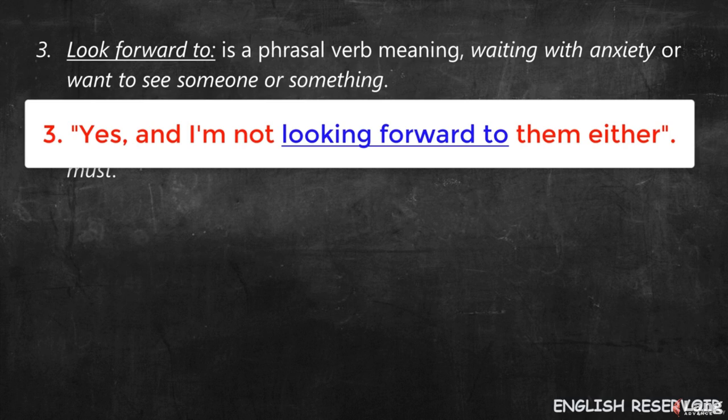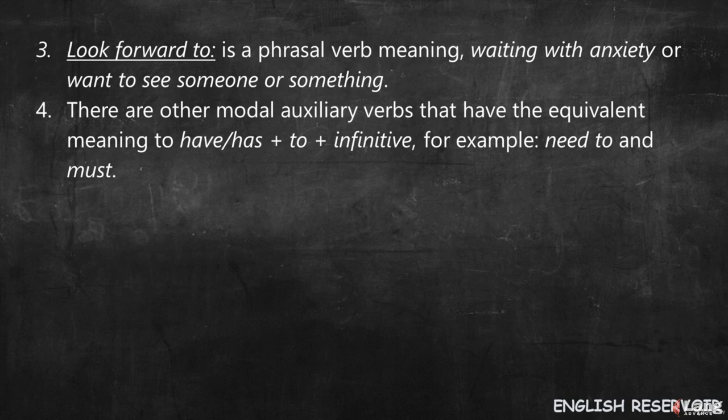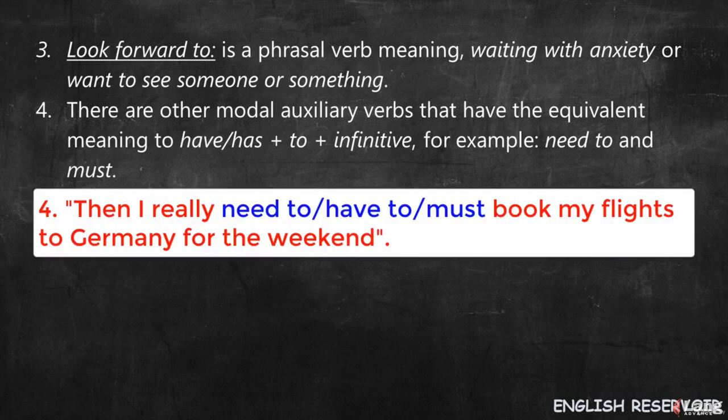Look forward to is a phrasal verb meaning waiting with anxiety or want to see someone or something. 4. There are other modal auxiliary verbs that have the equivalent meaning to have or has plus to plus infinitive. For example, need to and must.